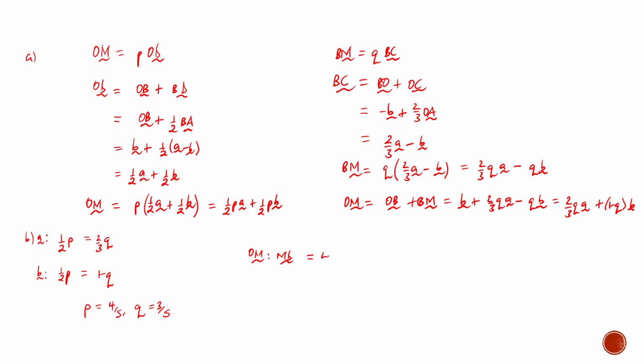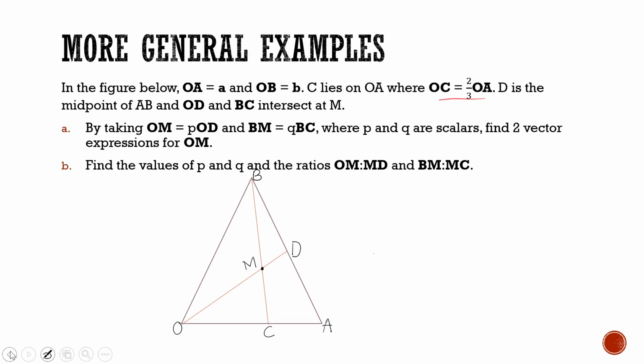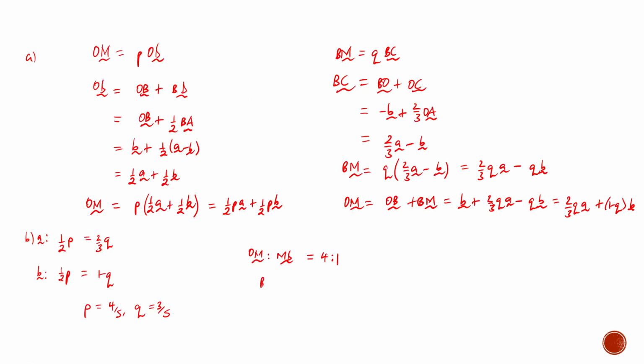So this would just be 4 to 1. And then for the ratio BM to MC, you know that BM is 3/5 of BC, so MC is 2/5 of BC, which means that BM to MC is in fact 3 to 2, and that's how you'd handle such a question.